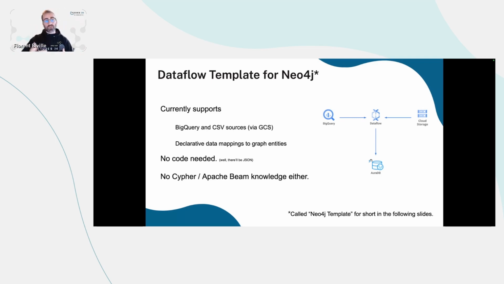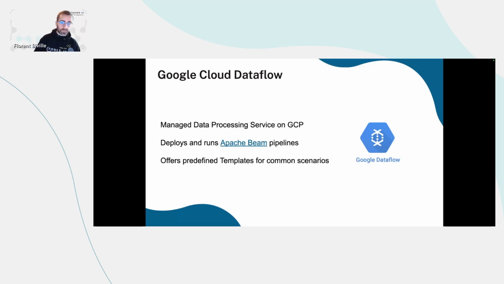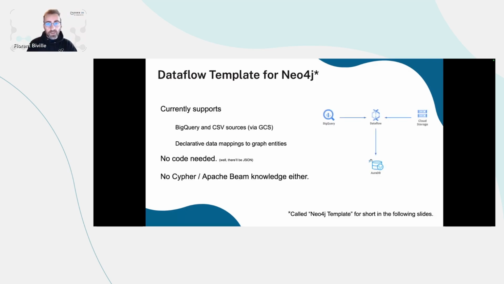And that's what Dataflow is using, and that's why Dataflow templates are using it too. Templates are just an abstraction of Dataflow, so it's not going to change the underlying framework. Our template supports two kinds of sources. BigQuery is a storage service on Google Cloud, and you also have Cloud Storage, where we can fetch text files, so think CSV files on Cloud Storage.